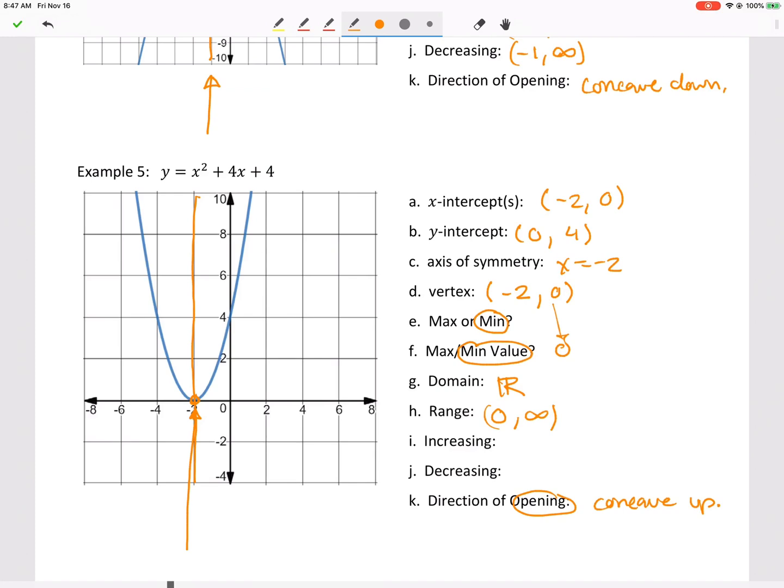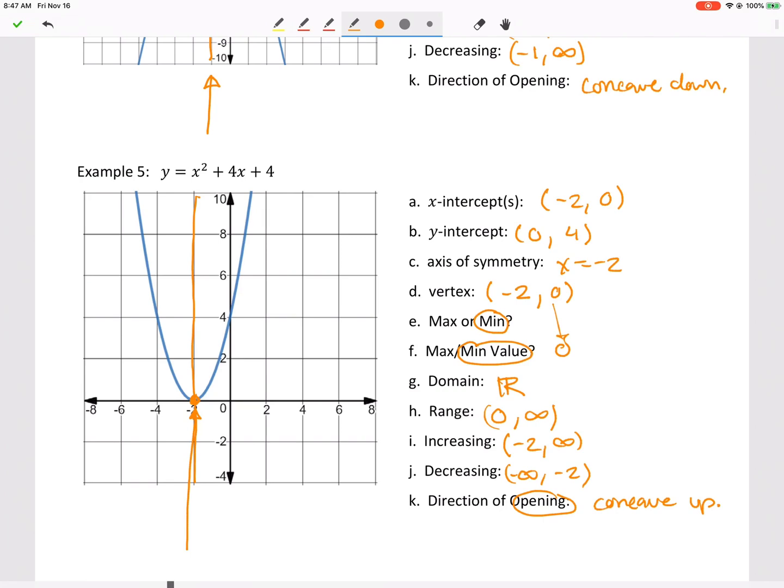Let me finish this and I'll talk to you about one more thing. Increasing, the slope is positive starting at that vertex, which is -2, all the way to infinity, and it's decreasing from -infinity to the x point in the vertex, or the axis of symmetry.